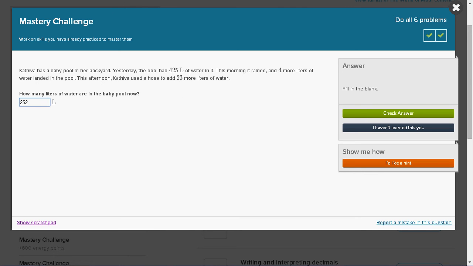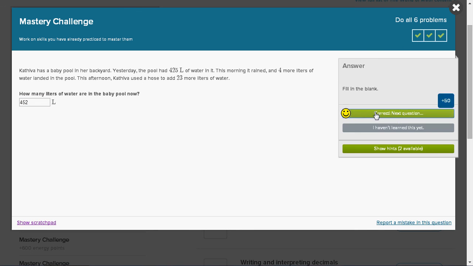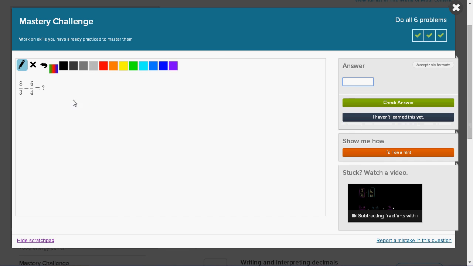So 6 divided by 3/4. Well, this is one of those things where we can do some magic, because 6 over 1 divided by 3/4 is actually the same as 6 over 1 multiplied by 4/3.